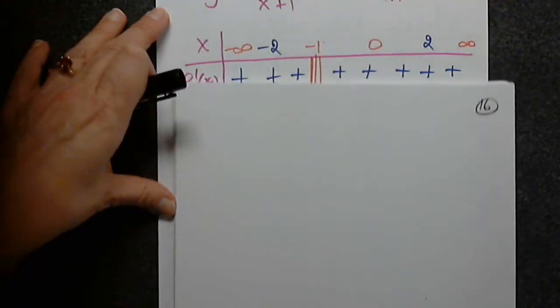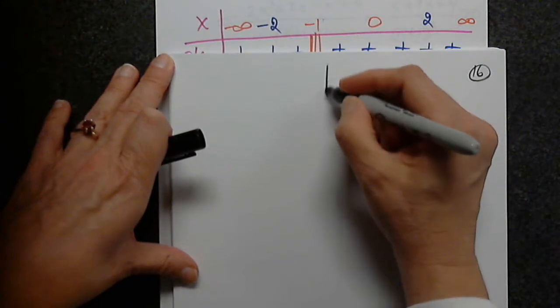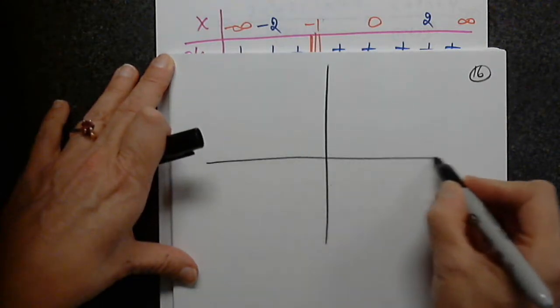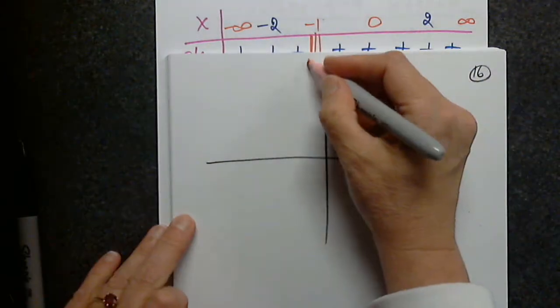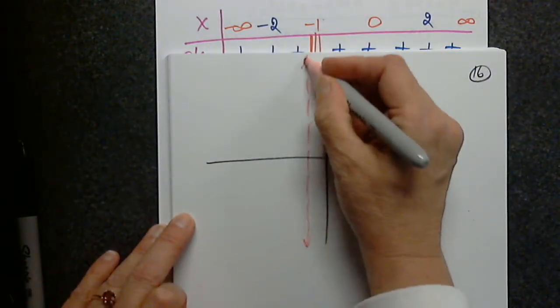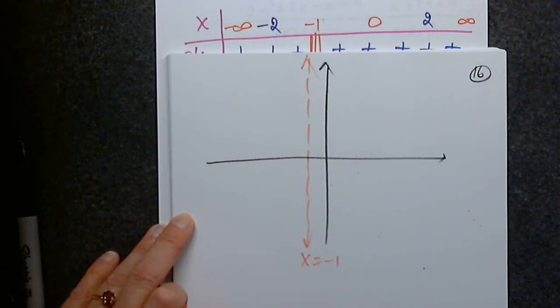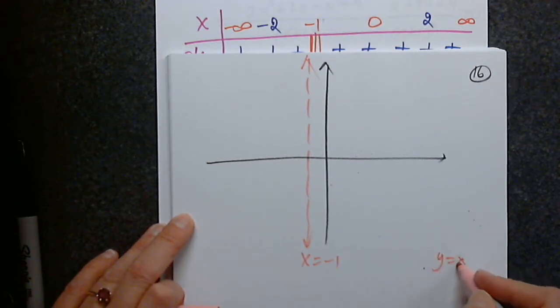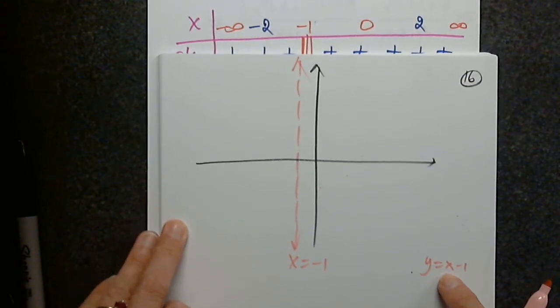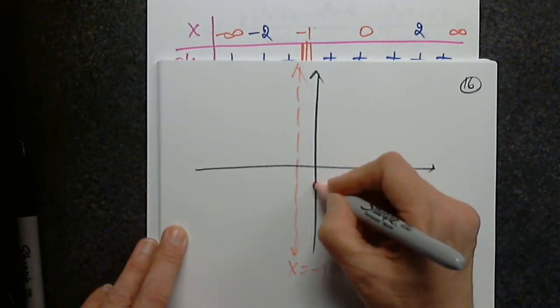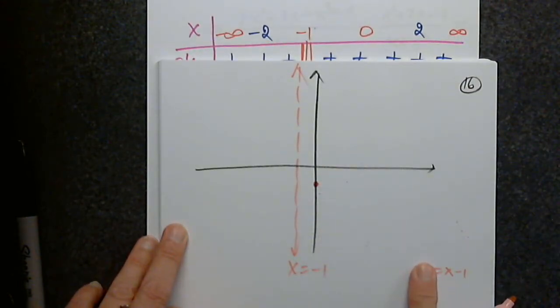So first, x equals -1. And now I have to graph y equals x minus 1. When x is 0, how much is y? Excellent. When y is 0, how much is x?